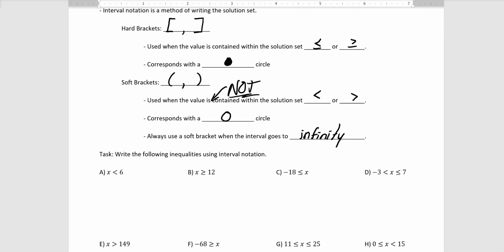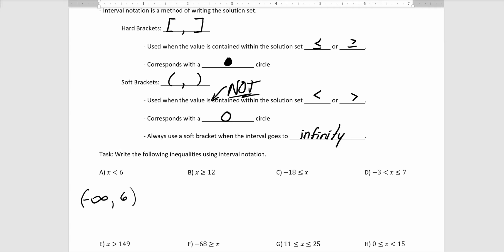So what's the least negative number you can think of? Well, it's actually not a number. It's negative infinity. And since infinity always uses a soft bracket, that left bracket will be soft. And it goes all the way to 6. Since this is strictly less than, it'll be a soft bracket. This would be letter A in interval notation: negative infinity, comma, 6, soft brackets all around.